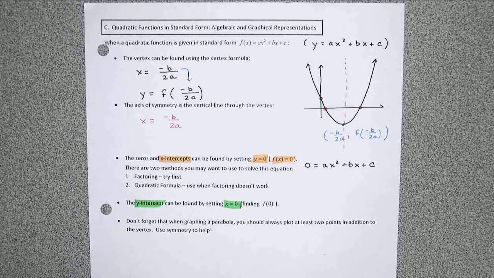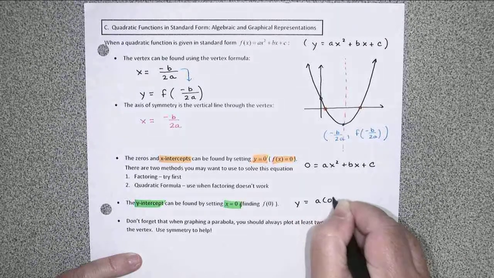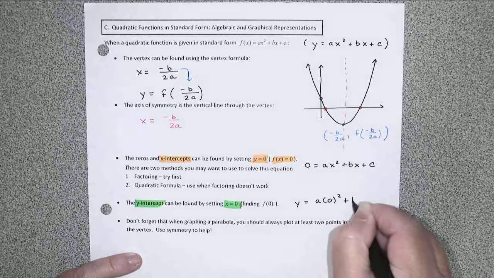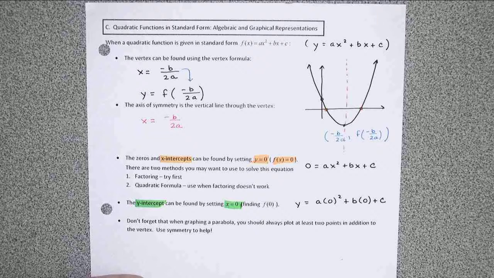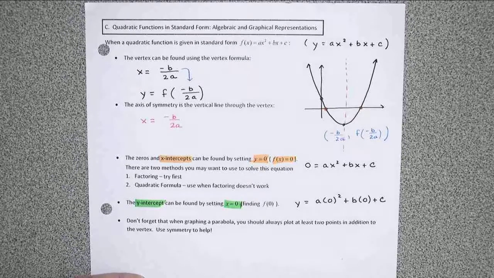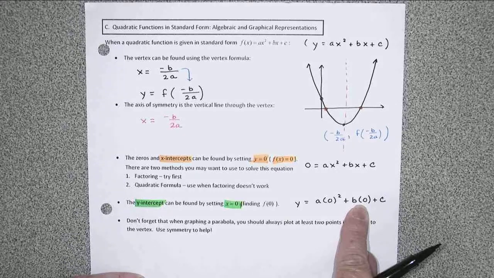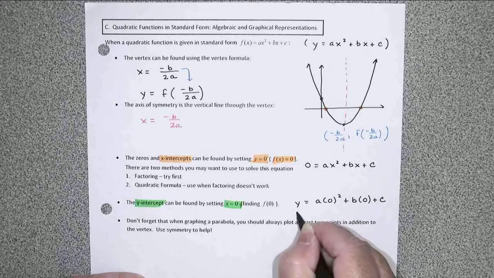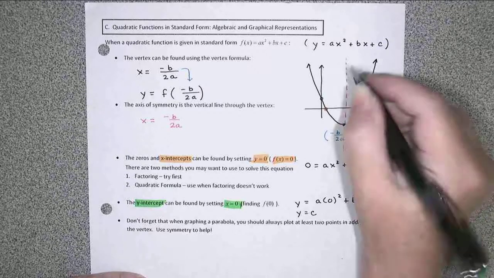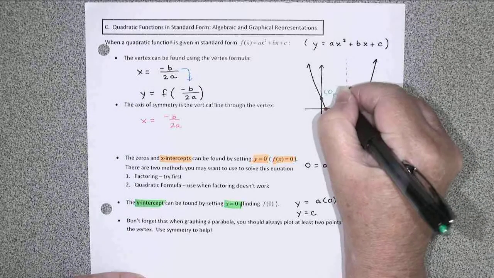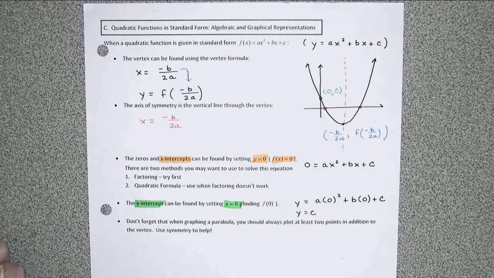Notice, by the way, that when you do that, you're going to get y equals a times 0 squared plus b times 0 plus c. So the only term that we're actually going to end up with, since that one becomes 0 and that one becomes 0, is the c. So in this case, I can actually say that the point (0, c) is my y-intercept.